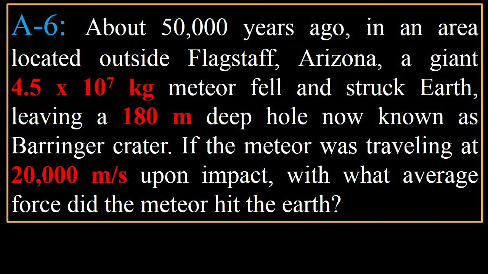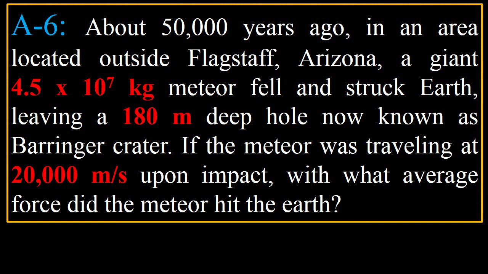Again, we need to know the duration of the impact, and that's what we'll calculate first, given the average velocity, which would be 10,000 meters per second. Don't forget, the 20,000 meters per second is the final velocity, and to get the average, it's going to be half of that, and then we'll continue.